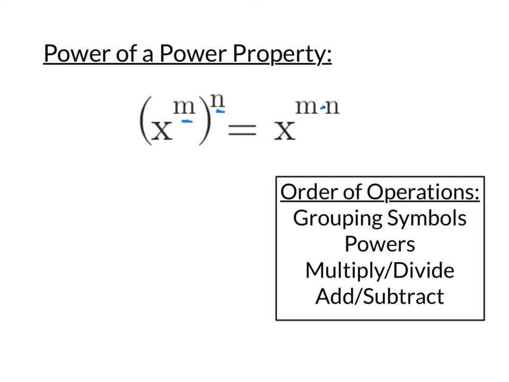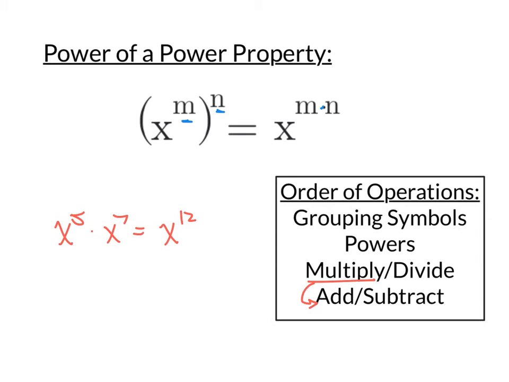If you remember, when we were multiplying powers together, so when we had x to the fifth times x to the seventh, how do we simplify that? By adding their powers. 5 plus 7 is 12. So when we saw multiplication, we did addition.